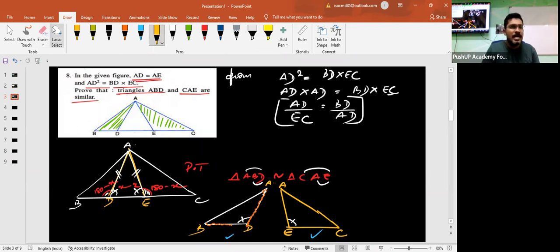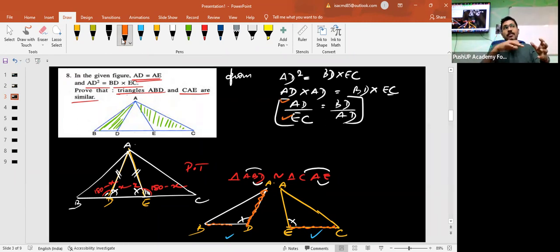All right. Now, suddenly how I got this realization? Just by looking at the two triangles. Children, where is your AD? Here is your AD, right? This is your AD. Where is your EC? Here is your EC. So I have taken the ratio of AD and EC from both the triangles.